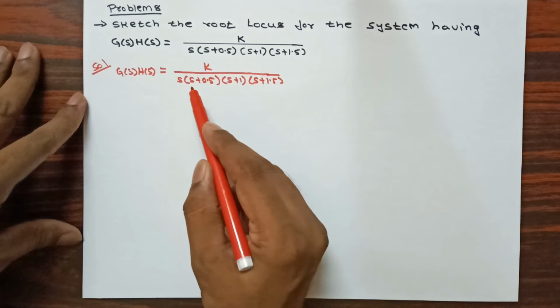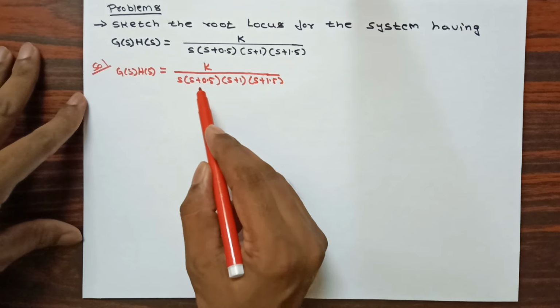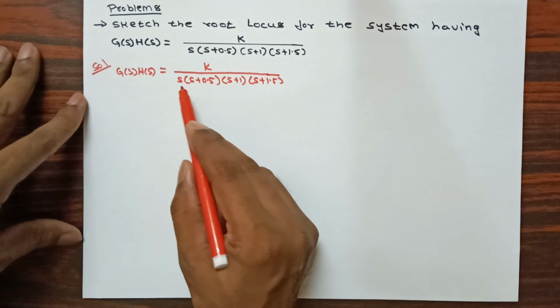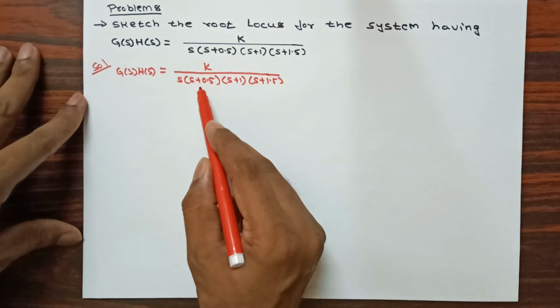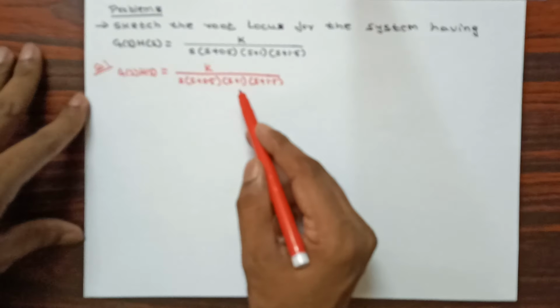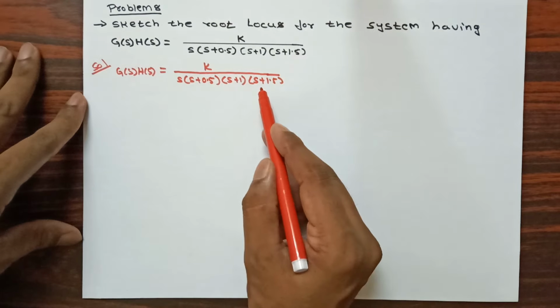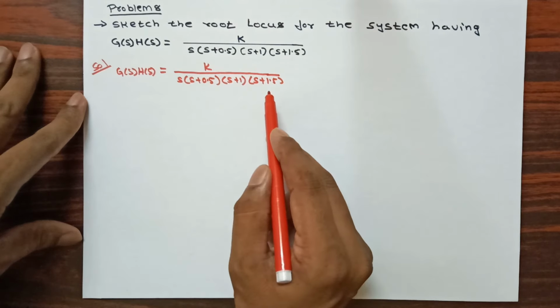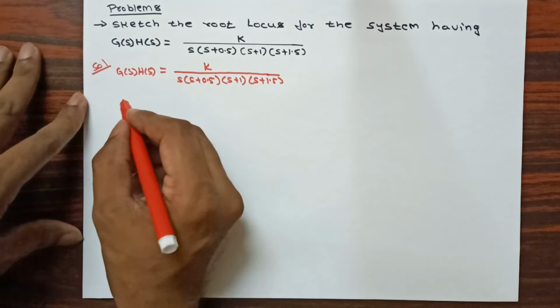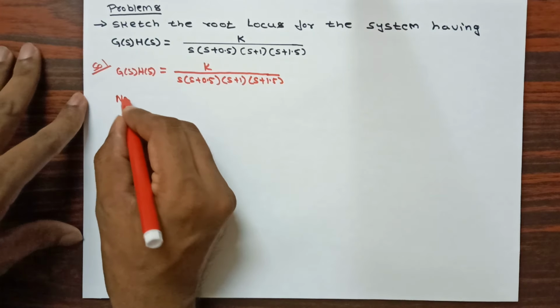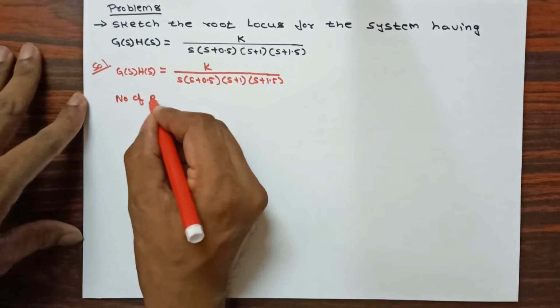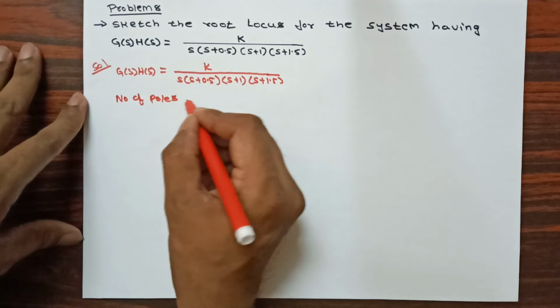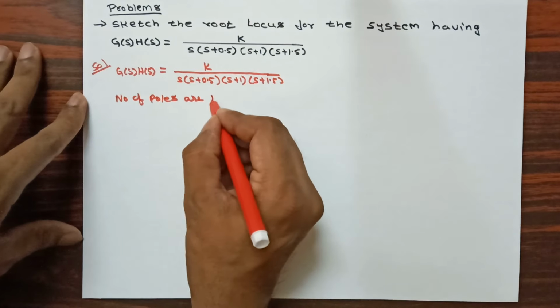In this open loop transfer function, only denominator s terms are given, that is only poles are given. s is equal to 0, s plus 0.5 is equal to 0, s plus 1 is equal to 0, s plus 1.5 is equal to 0. 4 poles are given in this problem. Therefore, number of poles are 4.